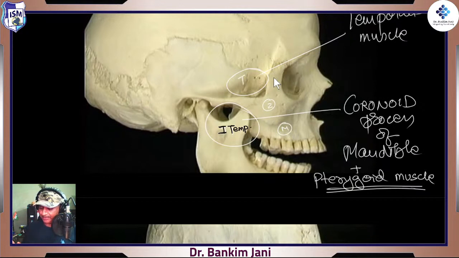That's why these names are very specific. The pterygoid plates must have something to do with the pterygoid muscle. That's how we remember. When we talk about the pterygoid plates themselves, we'll discuss it in more detail. But these are the gross structures present over there. So this is the temporal fossa and the infratemporal fossa, two things.